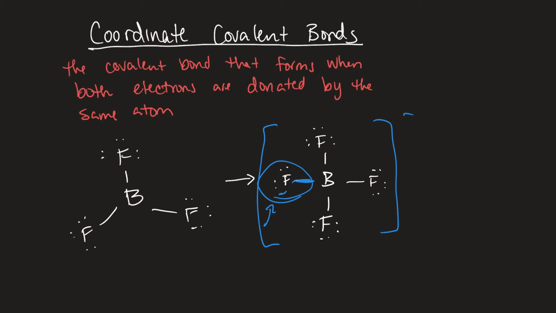So this is what a coordinate covalent compound is. Sometimes you may have some atoms that have more bonds than we typically assume. So this is somewhat of an exception.